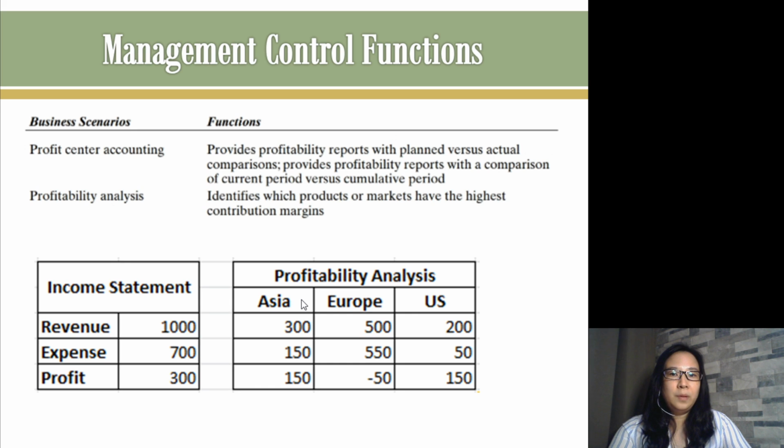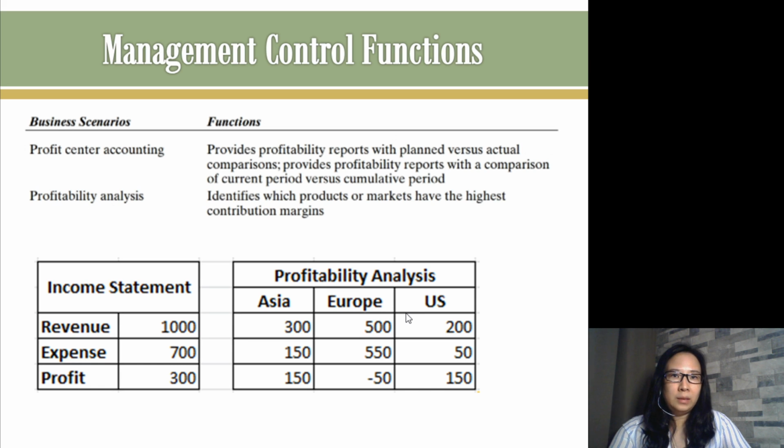For example, we want to know which area, which branch is more profitable. So if we look into this, we can see Asia revenue is 300, Europe revenue is 500, and US revenue is 200. This gives us an insight that the biggest revenue is actually from the Europe side.